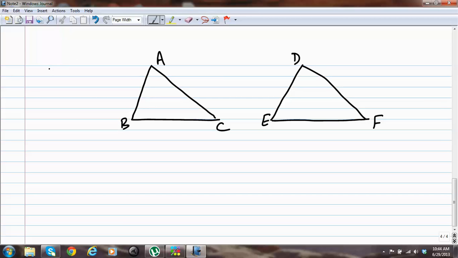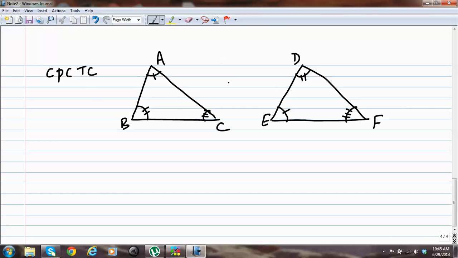Now let's say this is angle A and this corresponds to angle E, and this is angle B and this corresponds to angle D, and this is angle C and this corresponds to angle F. Till now we have been looking at cases where A was corresponding to D, B was corresponding to E, and C was corresponding to F.